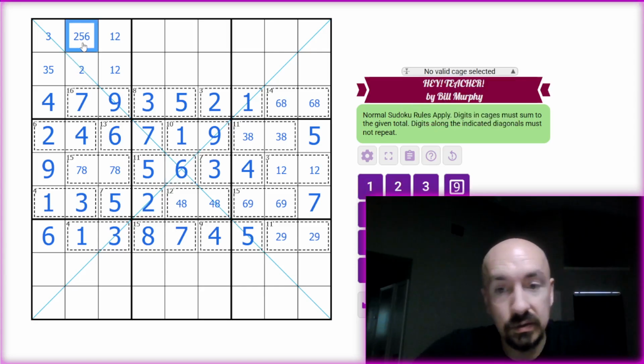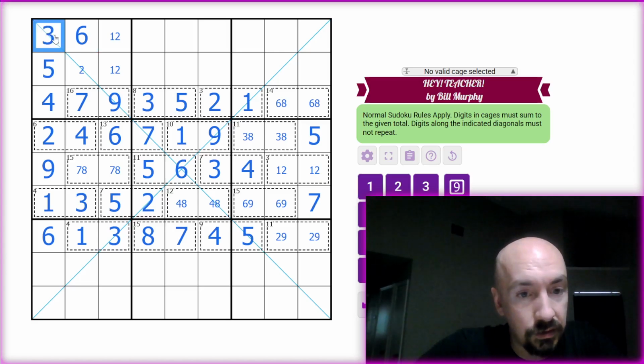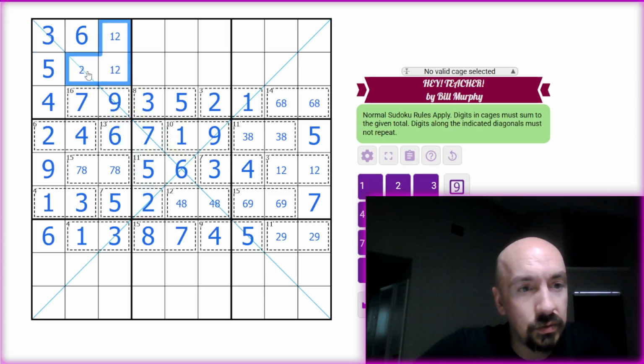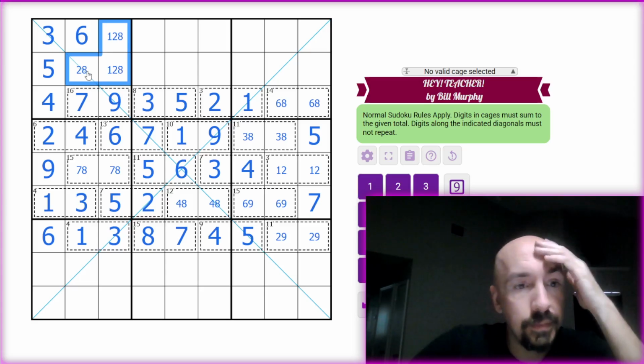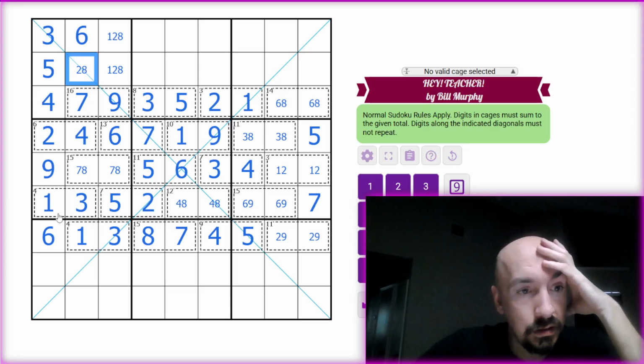Okay, that's not a 6, so the 6 goes here. And then the only option for 5 is there, so that's a 3. And then this is now a 1, 2, 8 triple. And the 8 can go there. Yes. 1, 2, 3, 4, 5, 6. So this is now a 7, 8 pair.